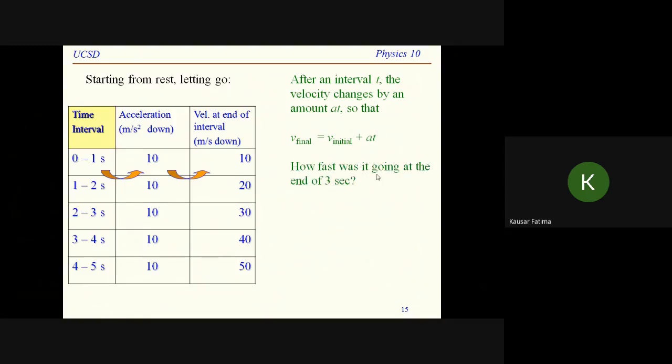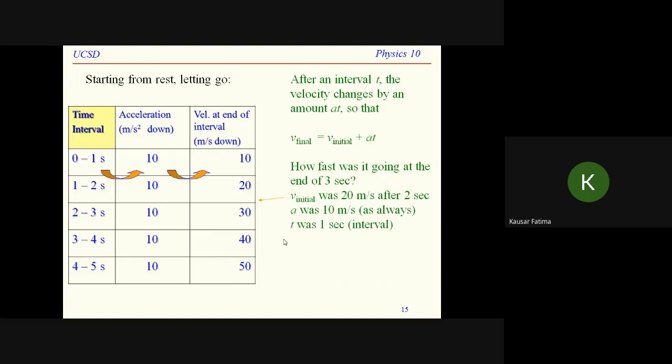How fast was it going at the end of 3 seconds? At the end of 3 seconds, it was going at a speed of 30 meter per second. Speed was 20 after 2 seconds and 30 after 3 seconds.